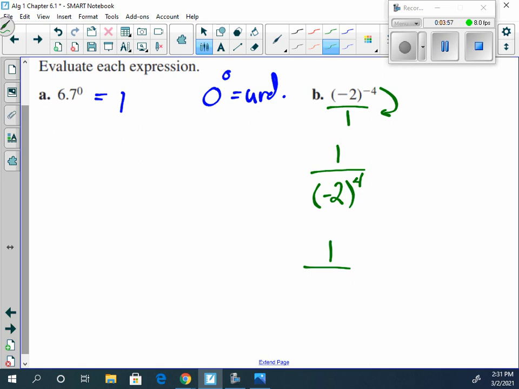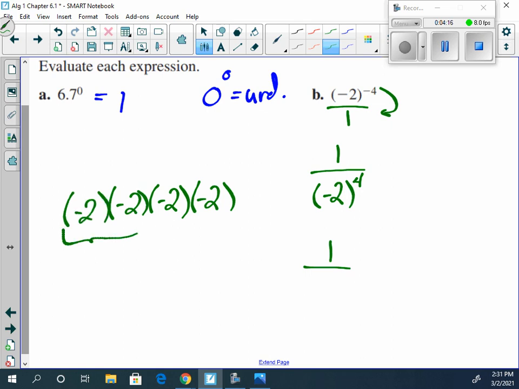Now we would need to do negative 2 to the 4th. So negative 2 to the 4th means we're multiplying negative 2 by itself how many times? 4 times. Well, what is negative 2 times negative 2?